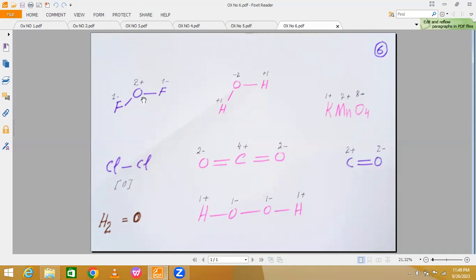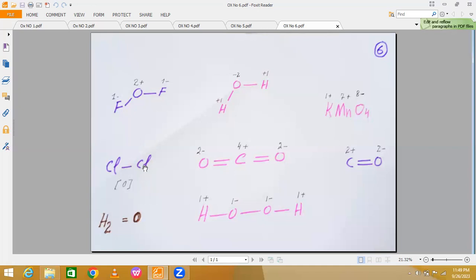See here, OF2, F is always electronegative, highly electronegative as compared to oxygen. So 1-, 1-, then ultimately in OF2, the oxidation number of oxygen would be 2 plus, contrary to other molecules or ions.